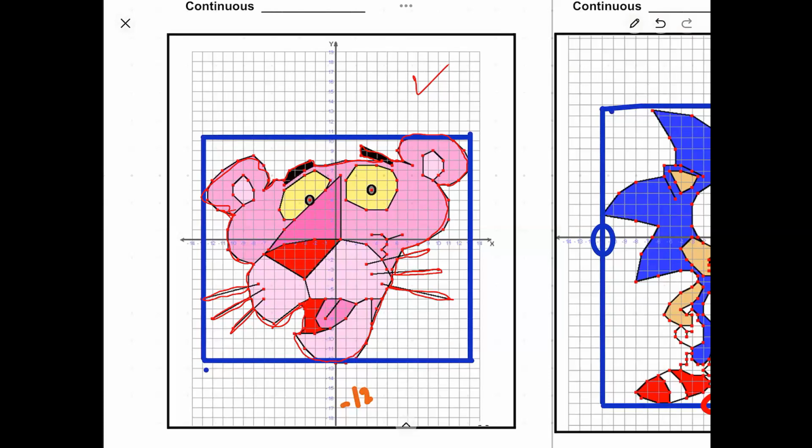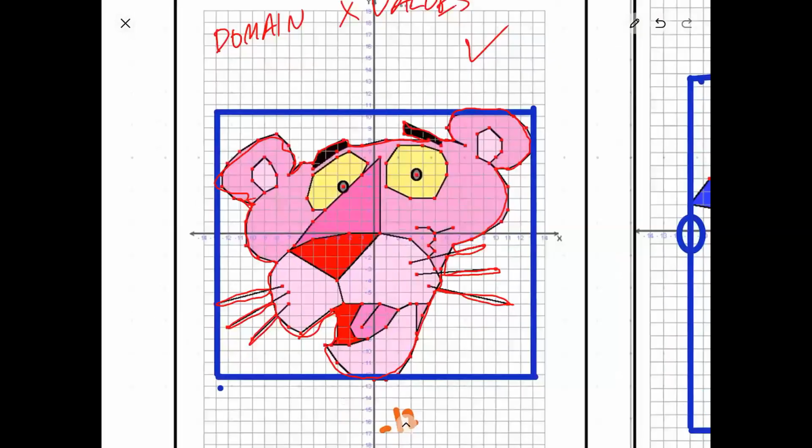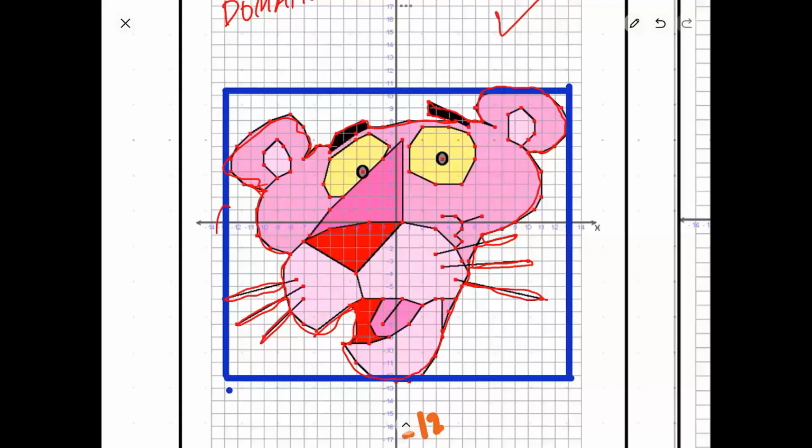So now, once I've got it in the box, if I want to know what the domain is, all I'm going to do is go to that box and read the X values. Let me show you what I mean. The first X value is negative 13.